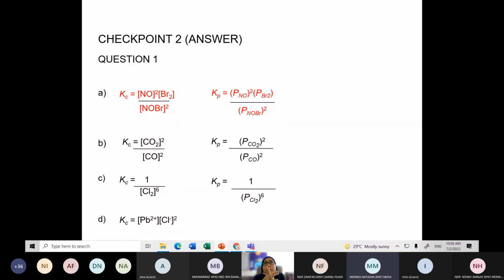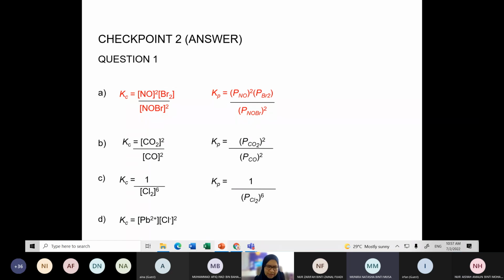Lupa equilibrium constant. So how is it? Is it the same for all? Yeah. Okay. Sama. Okay, very good.